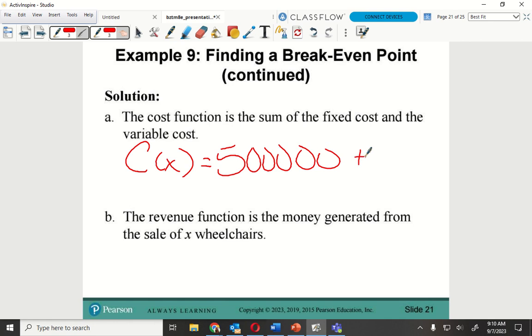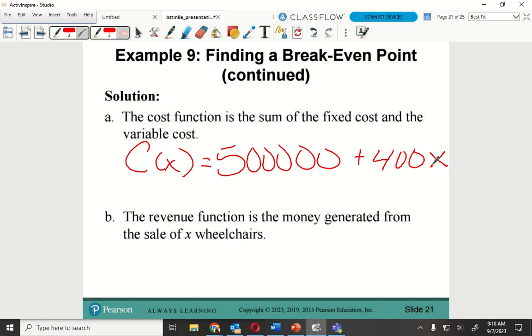Plus, my cost for me to make every single wheelchair would be how much? Very good. So it's 400 for every single one. So what do I have to add to the 400? The X. It's 400X.